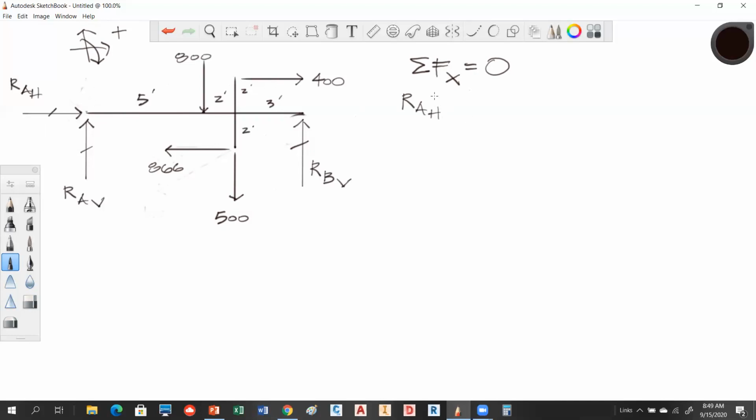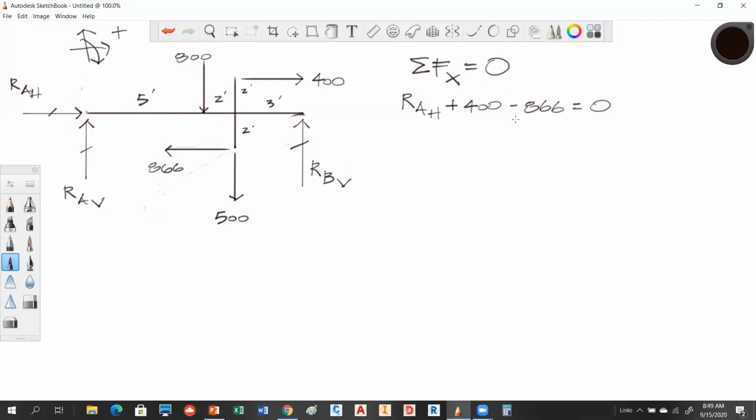Plus 400. Minus 866. Anything else horizontal? Looks like we've covered everything, haven't we? This one, and this one. So all of this has to equal 0.